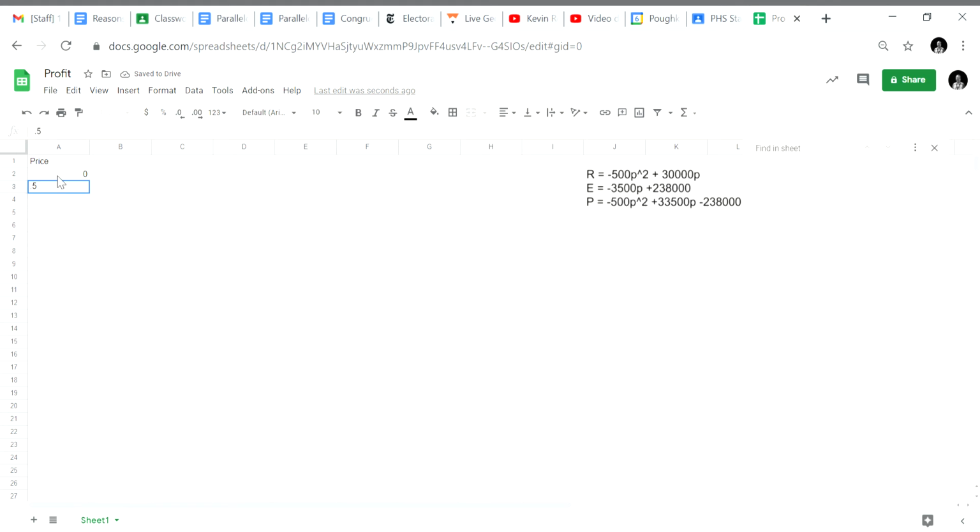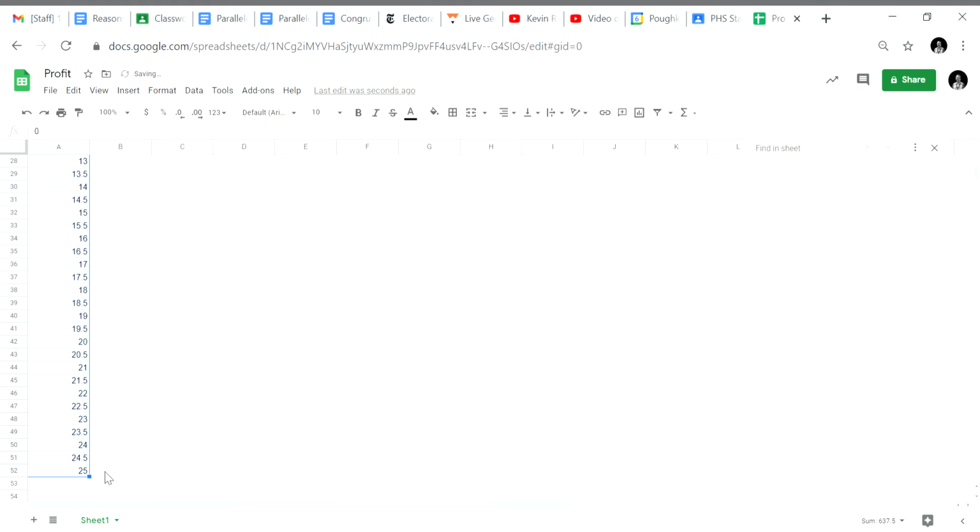So I'm going to start at 0 and I'm going to go by 50 cents, which would be 0.5. Now I'm going to click and highlight both of these. There we go, they're both highlighted. I'm going to get the blue box and drag it down until I get to 67. I'll stop there and see we're up to 25, so we've got to keep going.